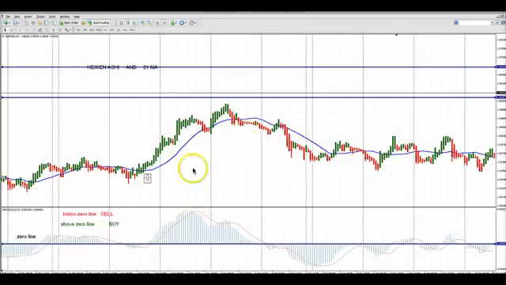Okay. Then what happens? We actually had divergence here, and if you know how to trade divergence, you could have easily taken this trade before the histogram went below the zero line. Though on this particular trade, of course, you still would have made money if you just waited, because price did retrace.